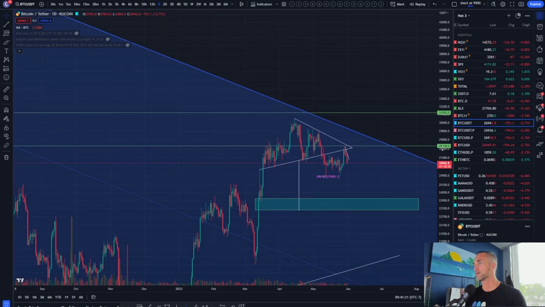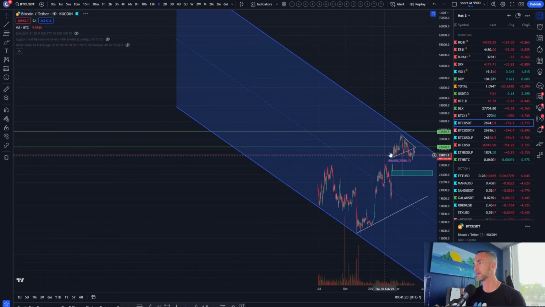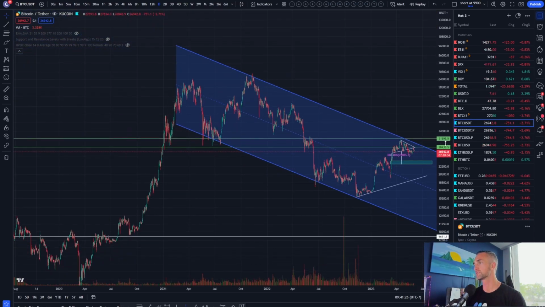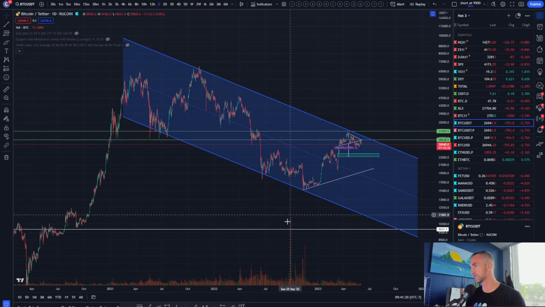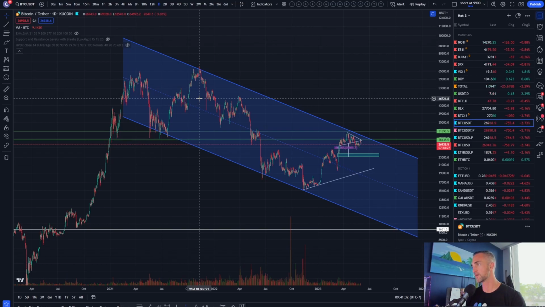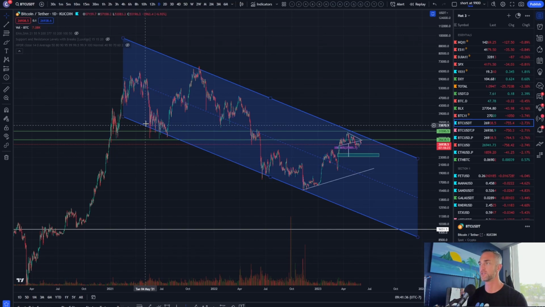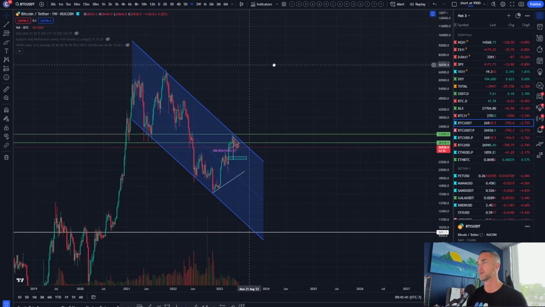And where have we been in this downtrend? Since March of 2021, so we're talking about a year and a half now, 12 to 18 months of sideways and down, and that's generally what happens when you get a weekly reversal.